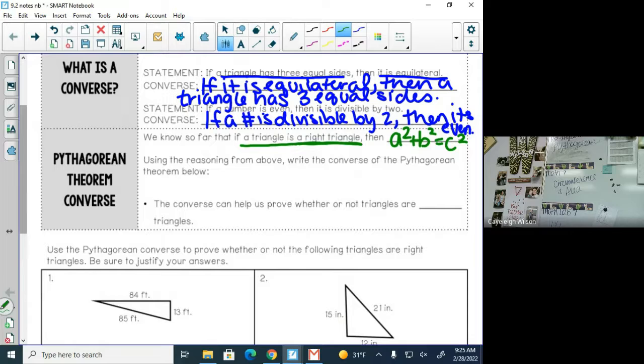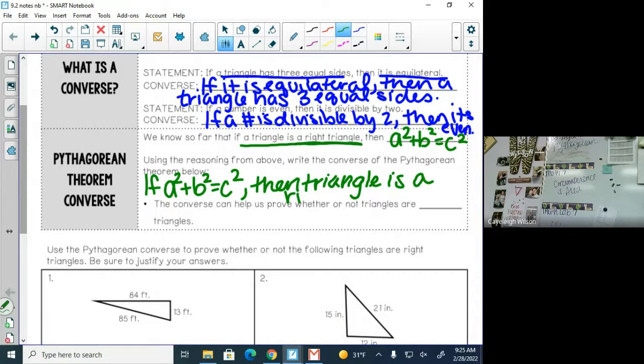So that's what we learned last week, that if a triangle is a right triangle, then a squared plus b squared equals c squared. So the converse to that would be, if a squared plus b squared equals c squared, then the triangle is what? Right. So we're trying to figure out which right.